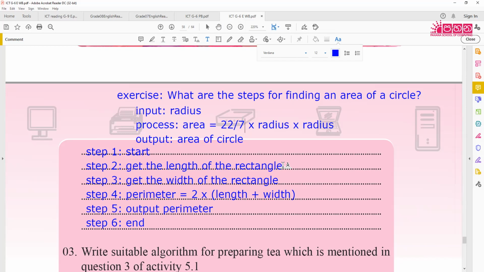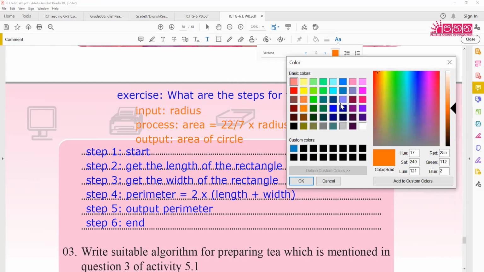Now, can you tell me the steps, the algorithm for finding an area of a circle? So let's start. What is the step? I will take a different color now.